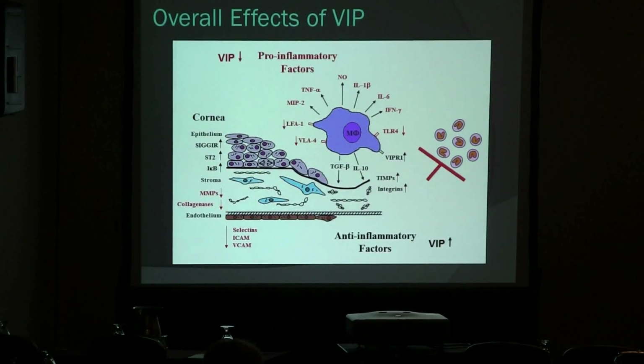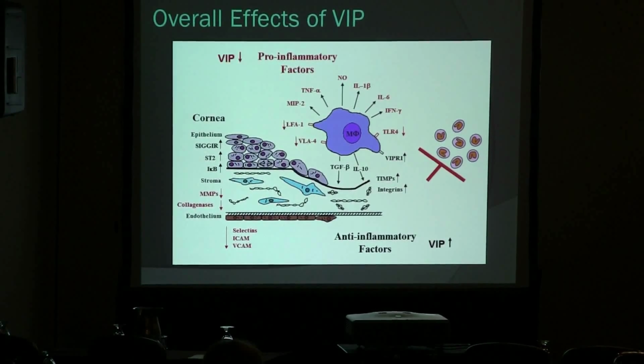And then essentially this slide summarizes all the effects of VIP thus far. So we see a downregulation of the pro-inflammatory factors, upregulation of anti-inflammatory factors, which ultimately deactivate macrophages and prevent the persistence of PMN in the infected cornea.